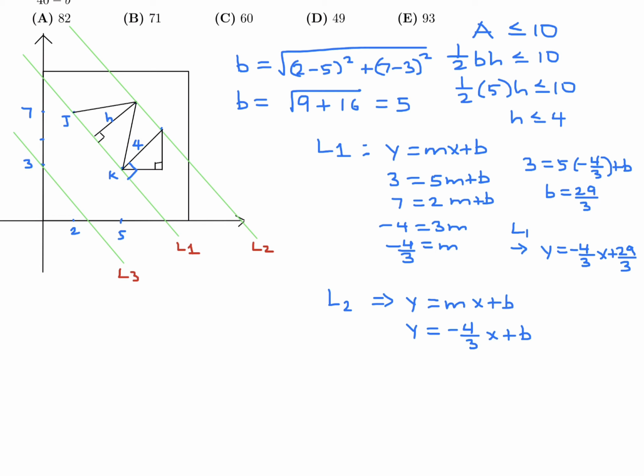So what is the slope of L1? Well, the slope of L1 was minus 4 over 3. So the slope of this line will be the negative reciprocal of minus 4 over 3, which is 3 over 4. That's this line right here. We just call it M for slope.